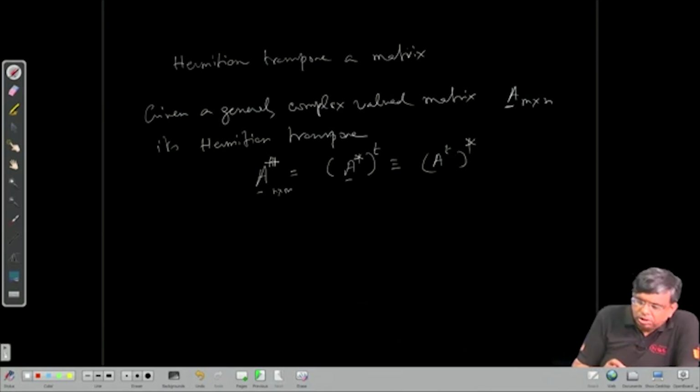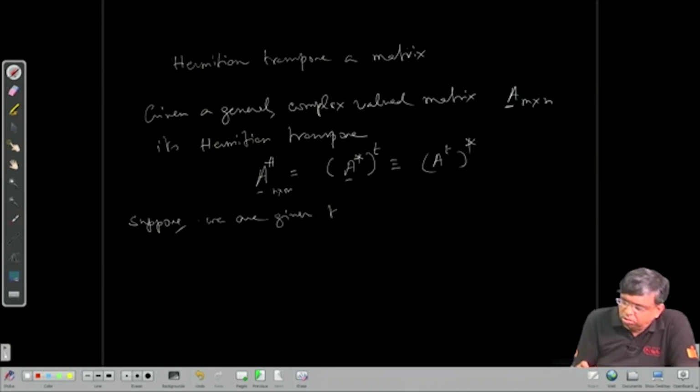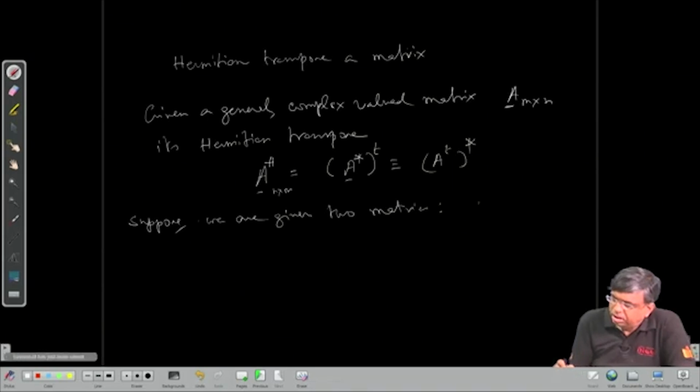Alright. Now, suppose we are given two matrices, A, which is say m cross n, and B, which is n cross r.